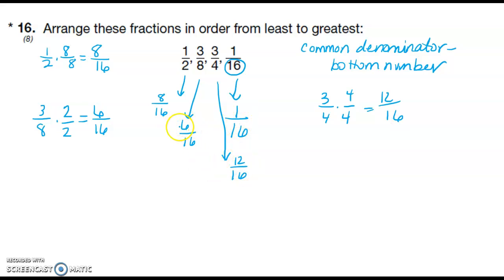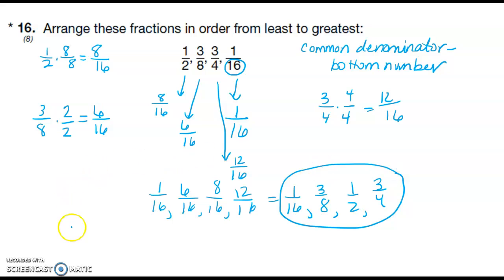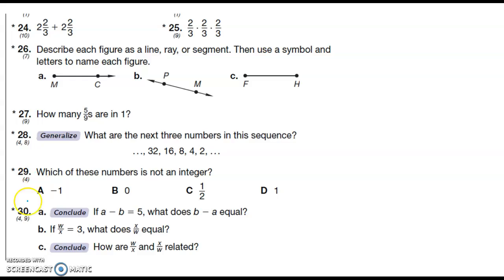So when I look at these numbers and I go from least to greatest, I have 1/16, 6/16, 8/16, and 12/16. But that's not my original number. So let's go and plug in our original number. 6/16 is 3/8. 8/16 is 1/2, and then 3/4. A little bit of a long problem there, but lots of good skills.